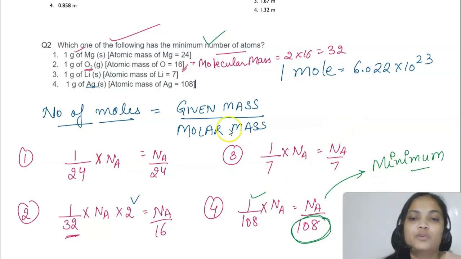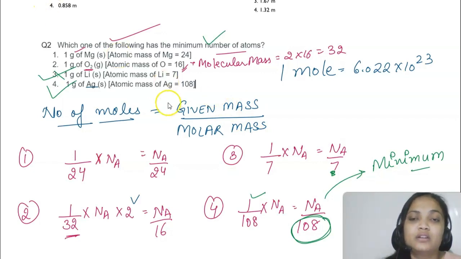So in the fourth option you are going to get the minimum number of atoms. And if they had asked for the maximum, then it would be option 3, because here the denominator is the smallest. Clear? So the answer is option number 4 in this case, because we are asked about the minimum number of atoms.